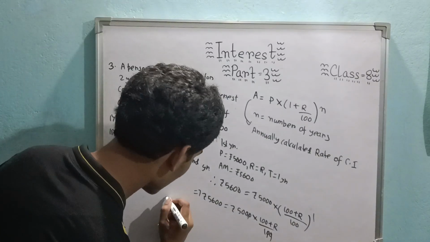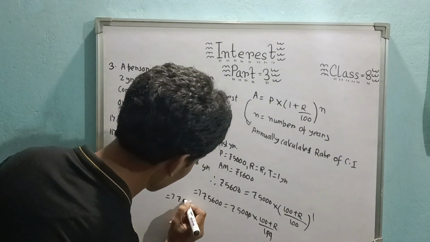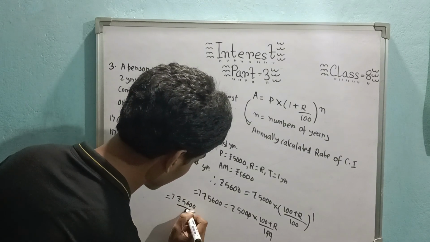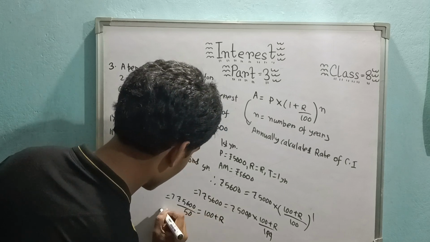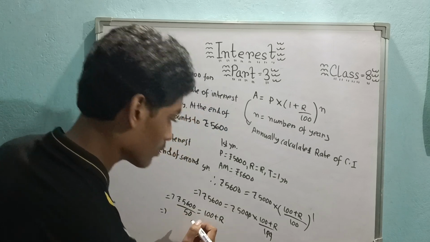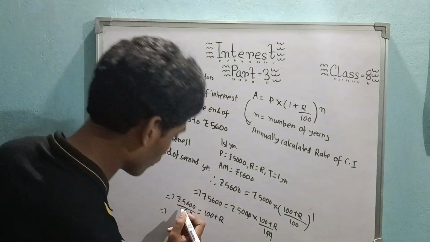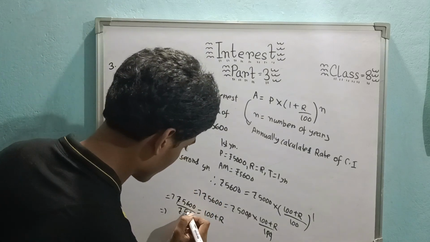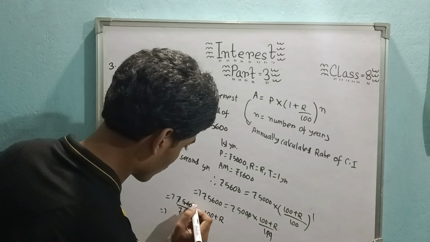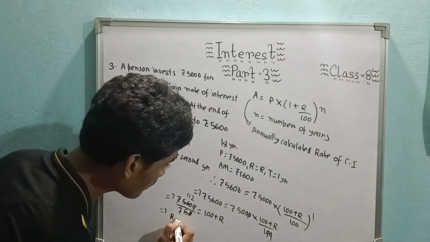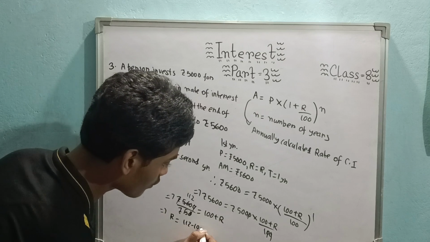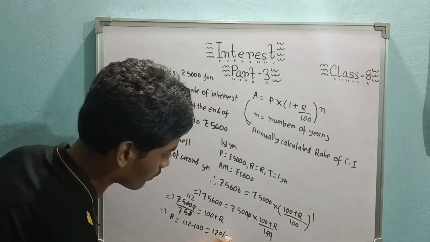So what I can do is, 5,600 by 50 equals 100 plus r, obviously rupees 112 equals 100 plus r, so r will be 112 minus 100, which is 12%.